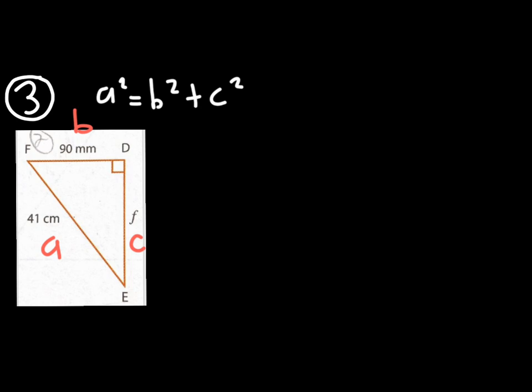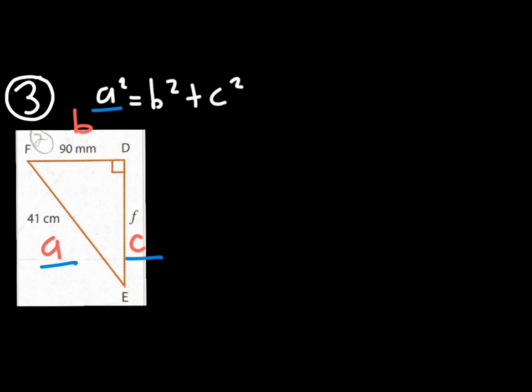For question 3, we once again see that we are given our value for A. We are now missing the side C. I've decided to label the side C just to show you guys that it doesn't matter how you structure your formula, as long as you understand that this rule only applies for the hypotenuse, right?